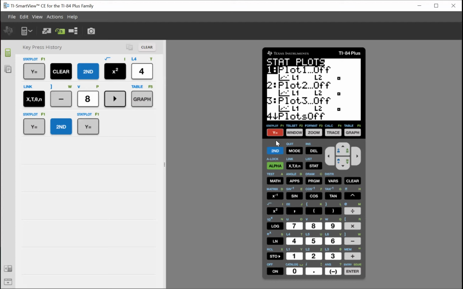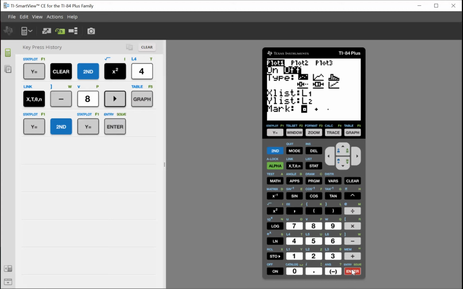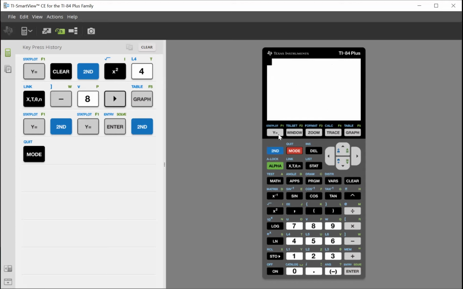So if yours is saying stat plot 1 off, hit enter, and yours is blinking on now, arrow to the right and put it on off and hit enter. Now just quit that screen, hit second mode to quit that screen. Now go to y equals, and the plots should all be off now. So nothing's highlighted, right?